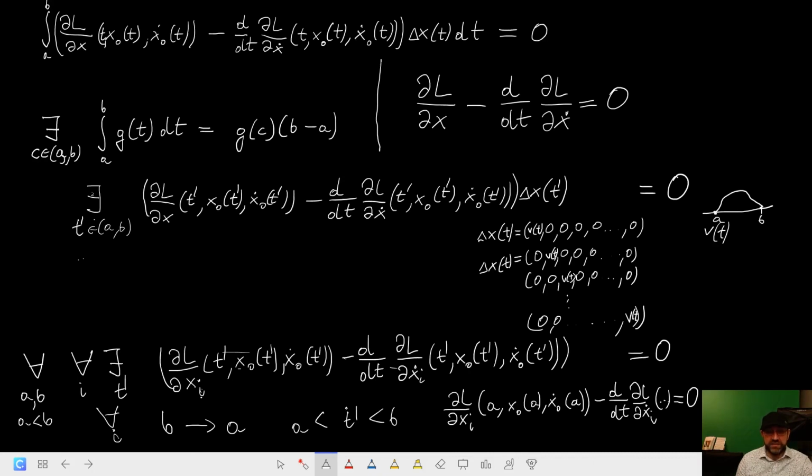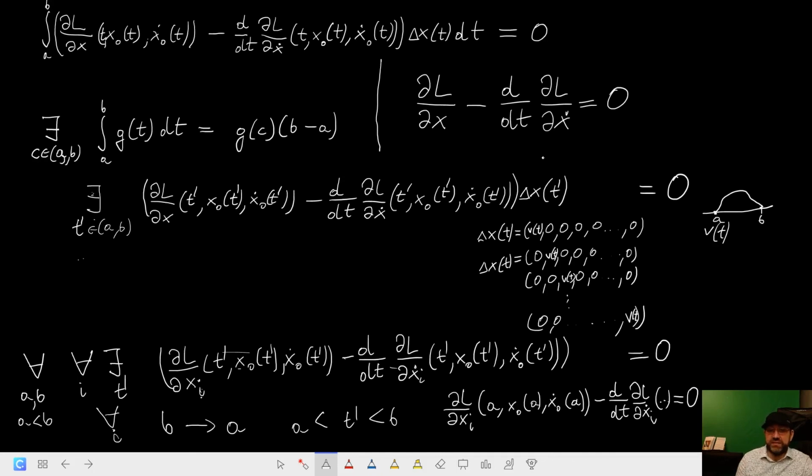So effectively t prime converges to A as well, and because this expression is continuous, which required an additional assumption over L, having this continuity, we can state that the derivative over this coordinate from time A here is equal to 0. And because A is also arbitrarily chosen, that works for any t.